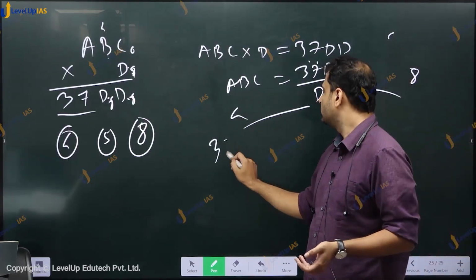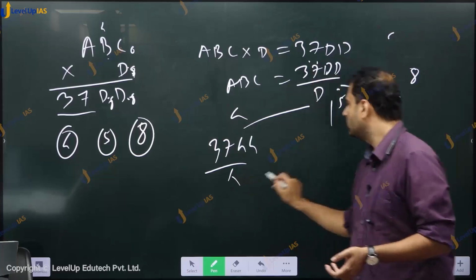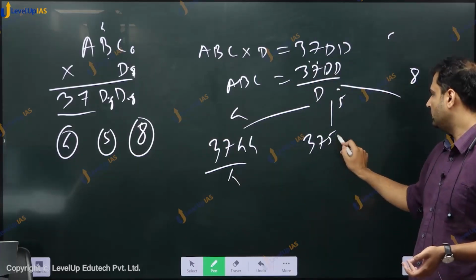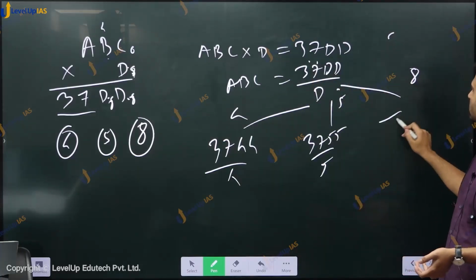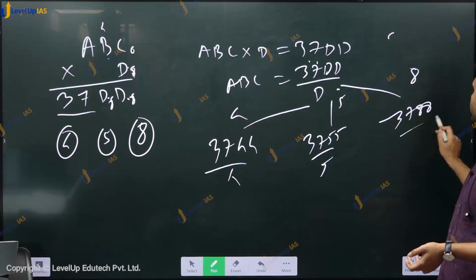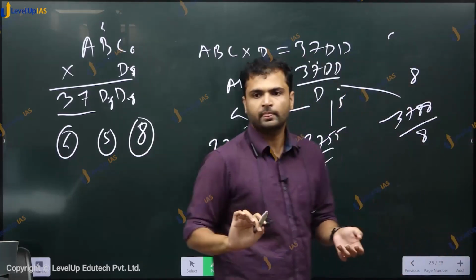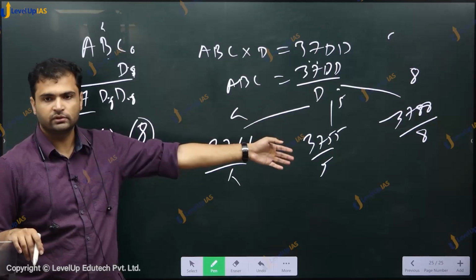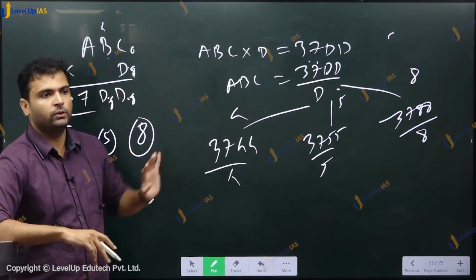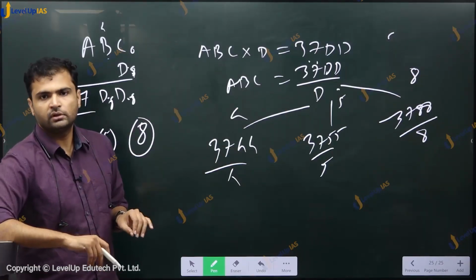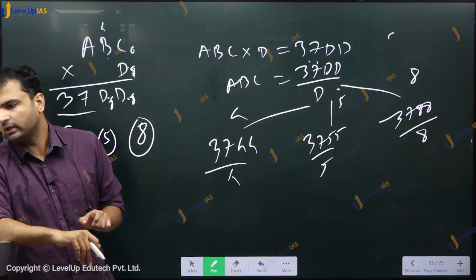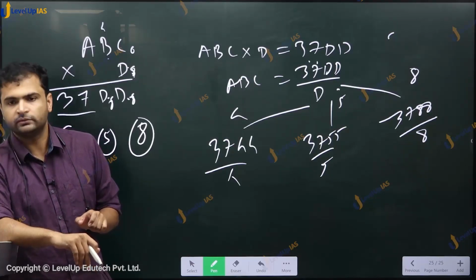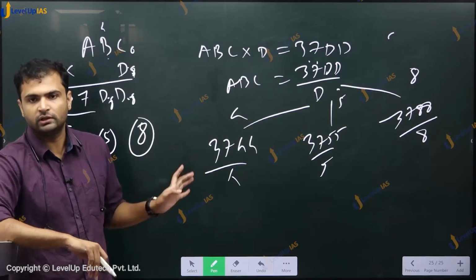So we get 3744 divided by 4, or 3755 divided by 5, or 3788 divided by 8. We check the values, and if the value follows the condition. This is what you should be doing in examination hall if you want to solve this question.